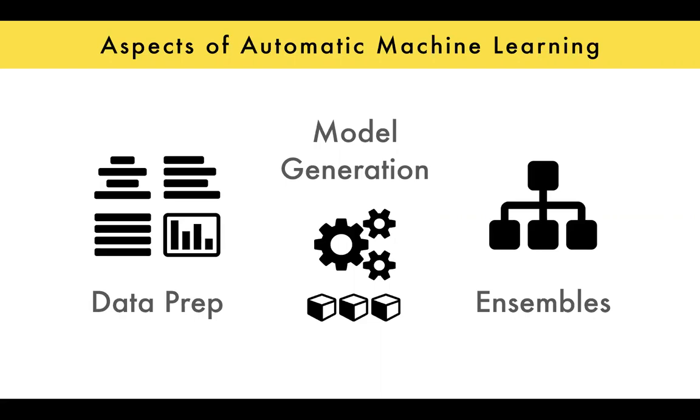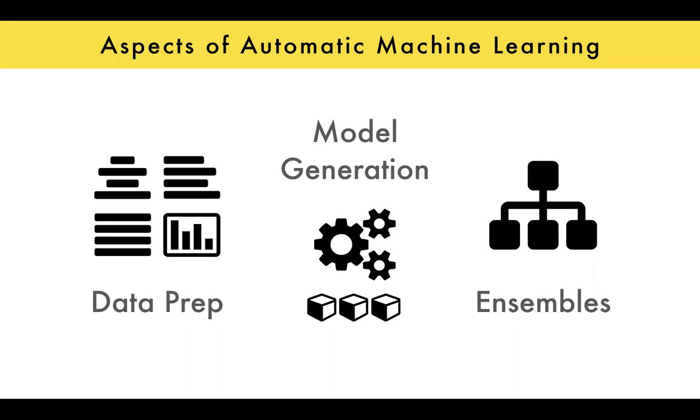So here are the aspects of machine learning in general, or data science in general. When you're building models, you usually have to do some sort of data preparation, and I'll go into more detail on each of these on the next slide. Once the data is ready to go for the machine learning algorithms, you're probably going to have to generate quite a few models.